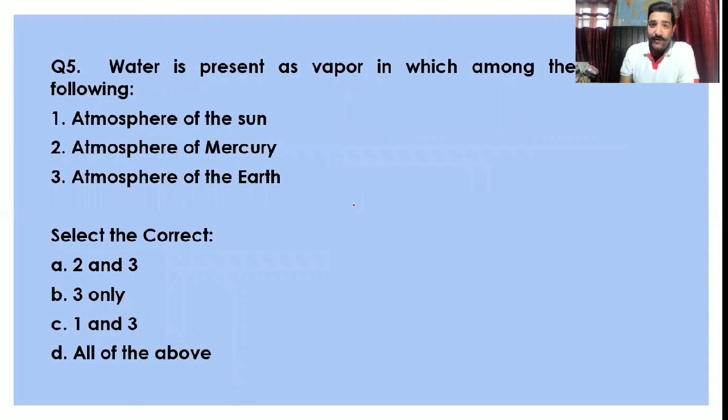But first I would tell you that these are from sources which competitive exam question paper setters are using. Number 2, these are inspired from the nature of questions appearing in various competitive exams. For example, water is a favorite topic of UPSC as well as PPSC, Punjab Public Service Commission.